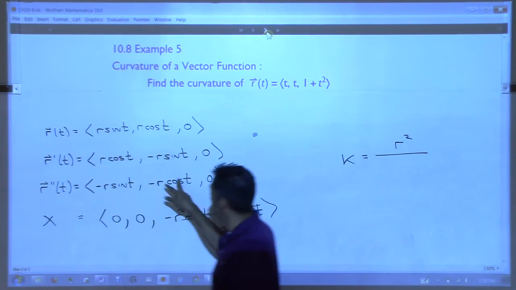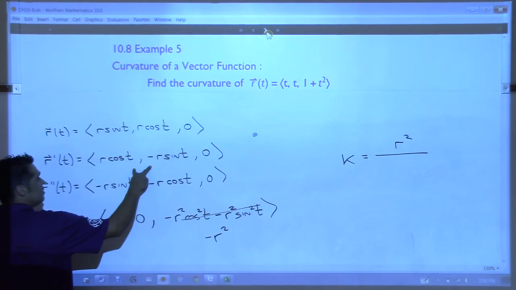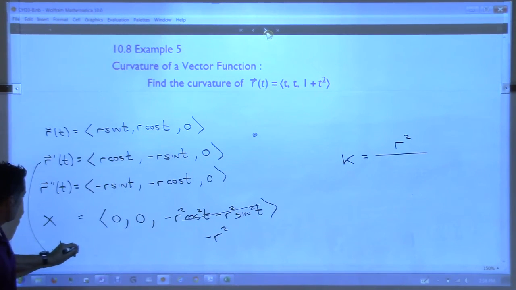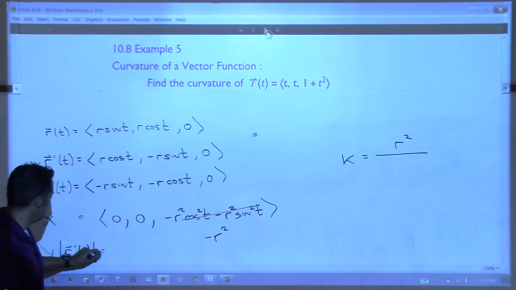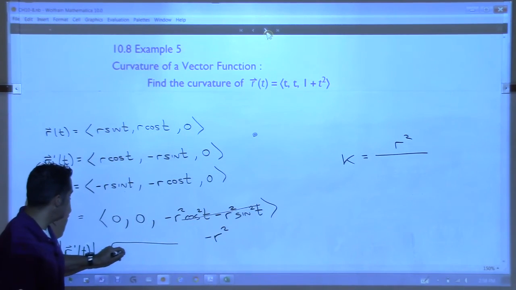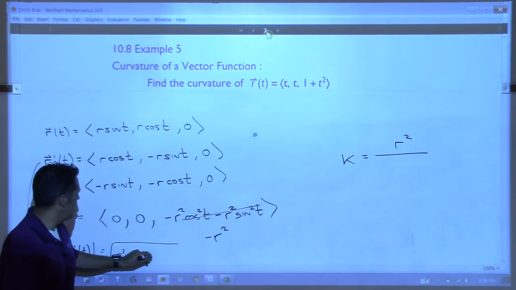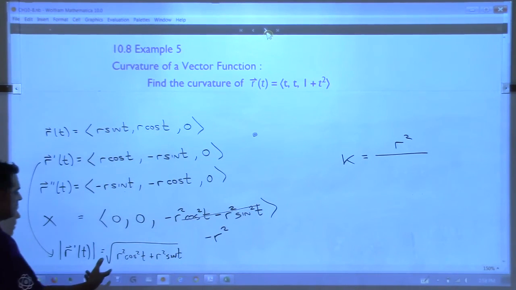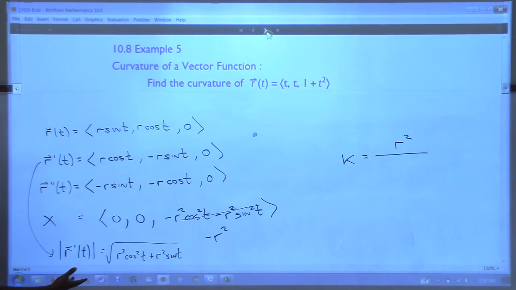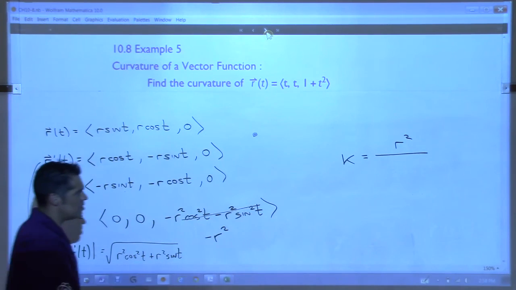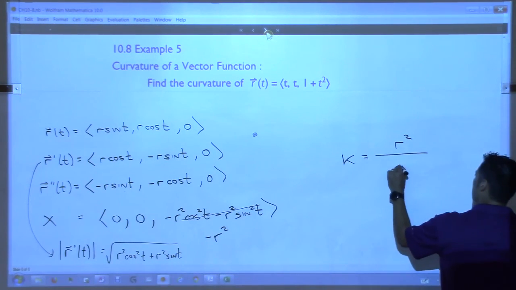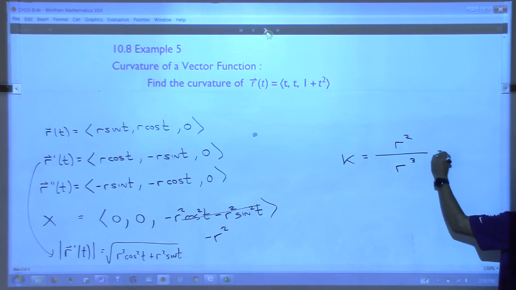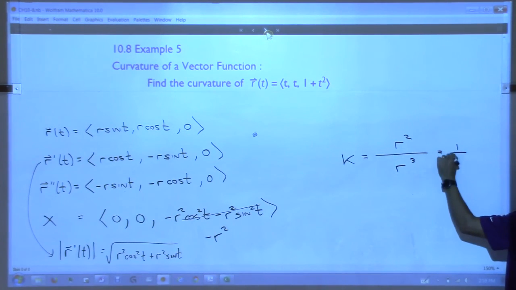So what's the magnitude of that? Yeah, so square root of r squared cosine squared t plus r squared sine squared t, which would be just r at the end of the day, right? So this is actually coming out to be r cubed, which means it should be 1 over r.